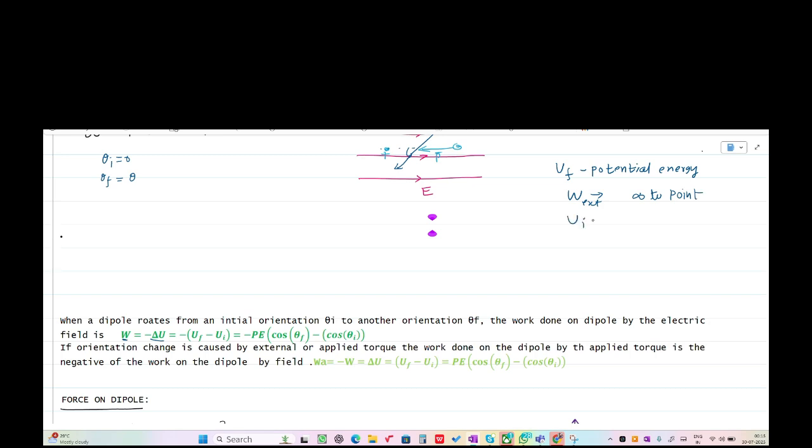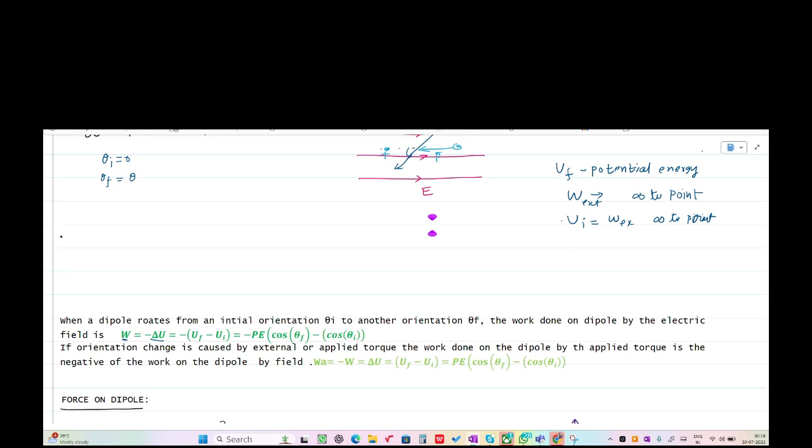The U_I is also the same. Initially there is a dipole, means we are bringing the positive charge and negative charge from infinity and placing them in the electric field. So there U_I is there.